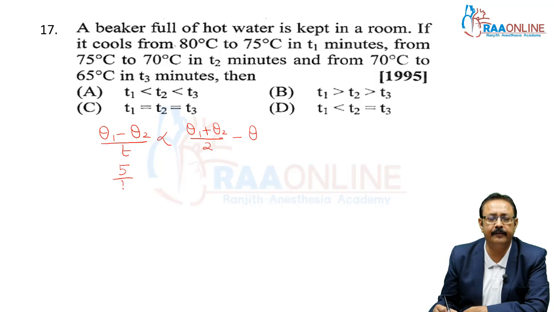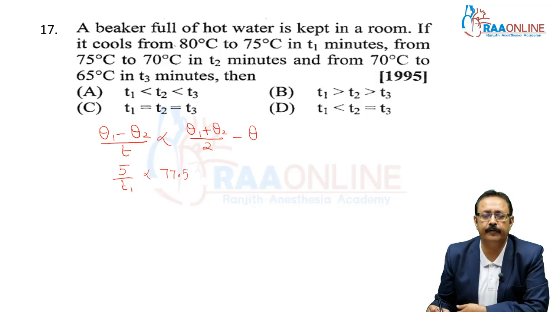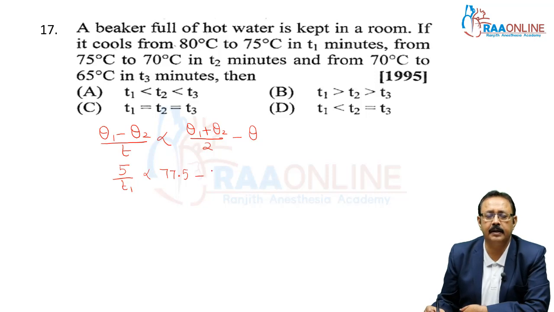In a time T1, it should be proportional to 80 plus 75, 155 divided by 2, it means 77.5, 77.5 minus theta.